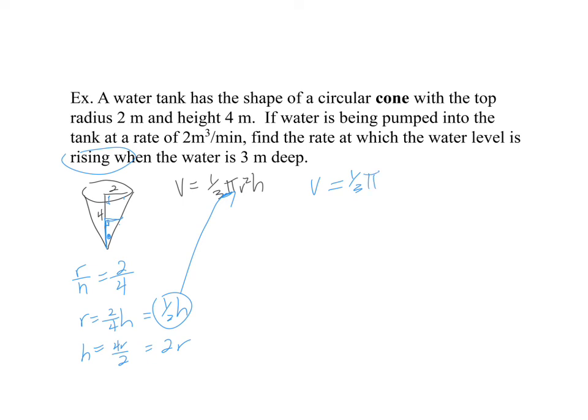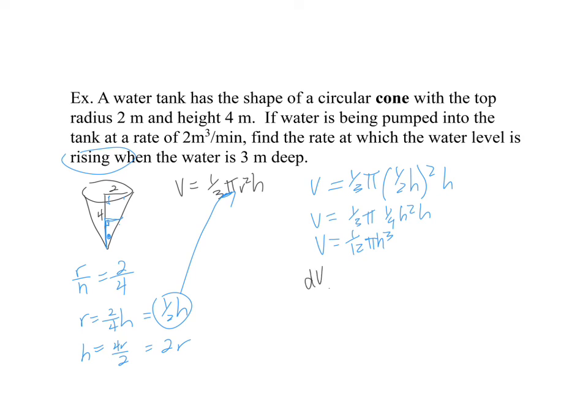So we'd have 1/3 pi times (1/2 h) squared times h. Now we simplify: 1/3 pi, half squared is 1/4, h squared times h, which simplifies to 1/12 pi h cubed. So even though the r wasn't constant, it is an equal ratio, so we can substitute that in first. Now we're good to do our derivatives.